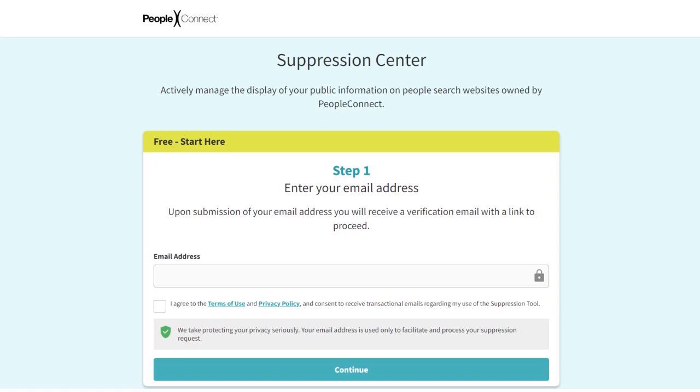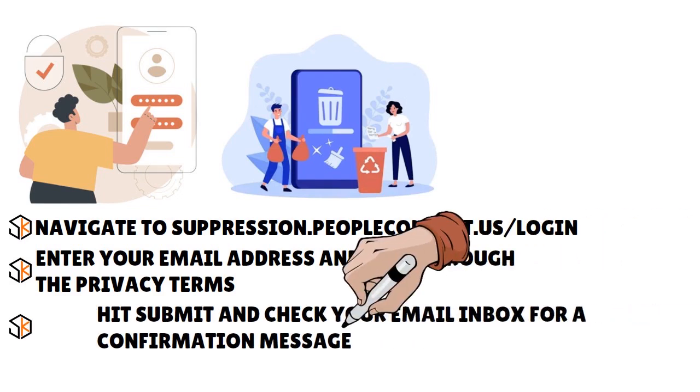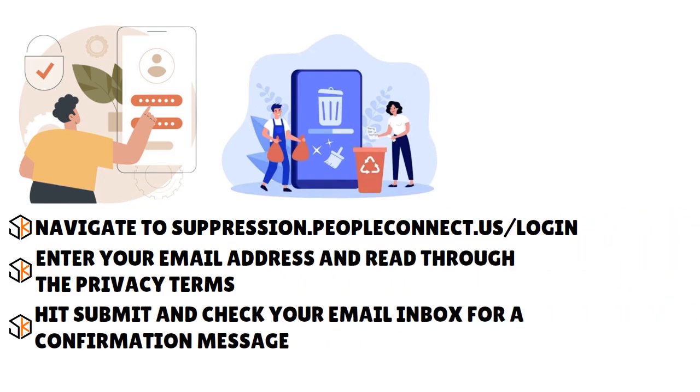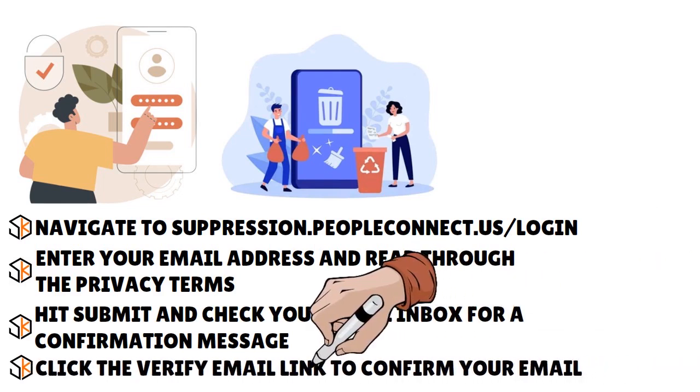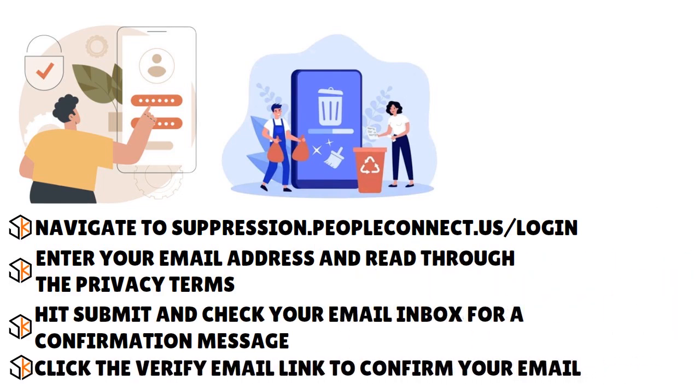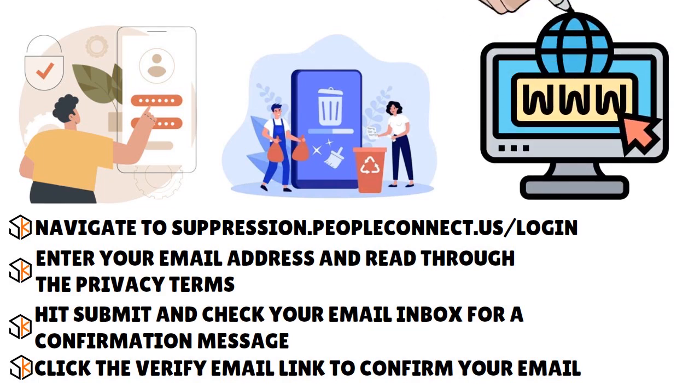And so you want to read through the privacy terms, hit submit, and check your email inbox for a confirmation message, okay? And you want to click the verify email link to confirm your email. People Connect wants you to confirm that you are who you say you are. Once you confirm your email, the link will send you back to People Connect's website.